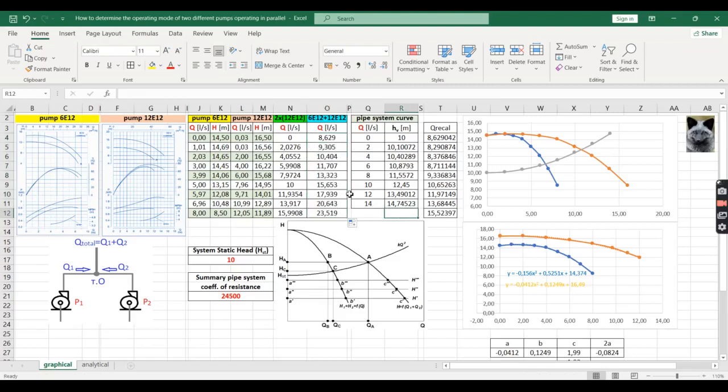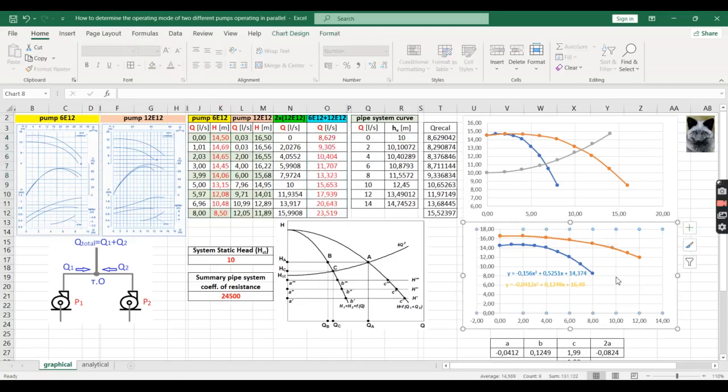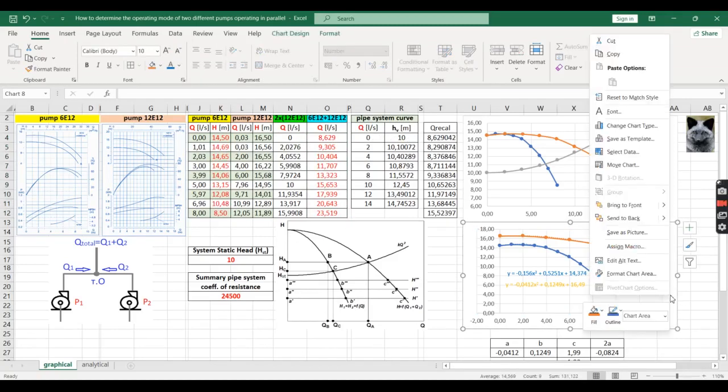So now we are absolutely ready to plot the summarized head curve for the whole system. For this aim, we need to use these values for the head and these values for the system flow rate. Okay, let's plot this curve in the same coordinate system.